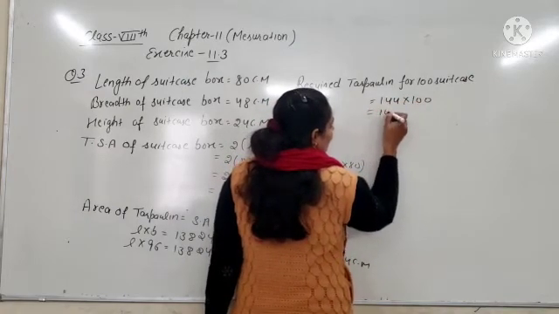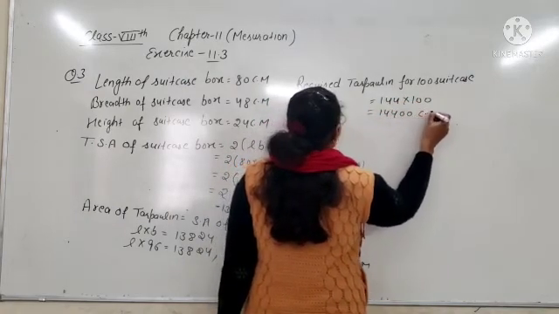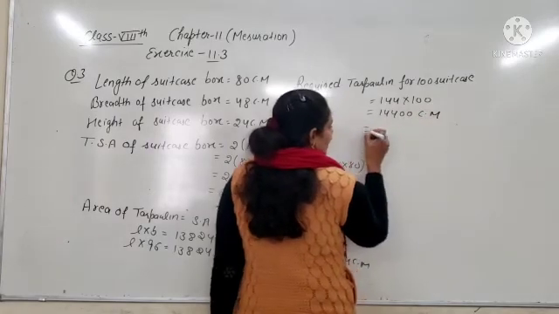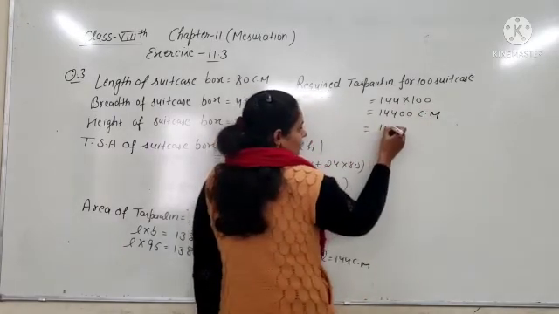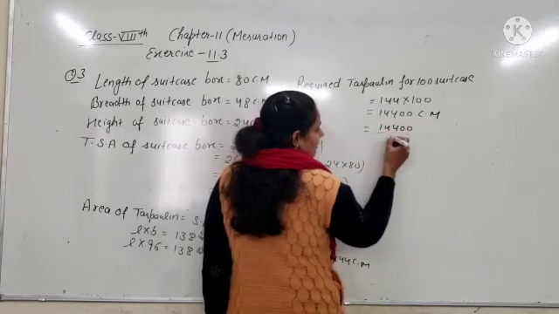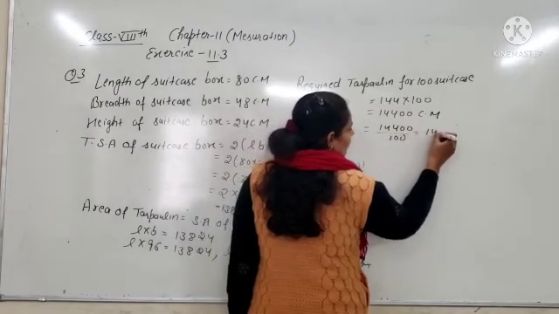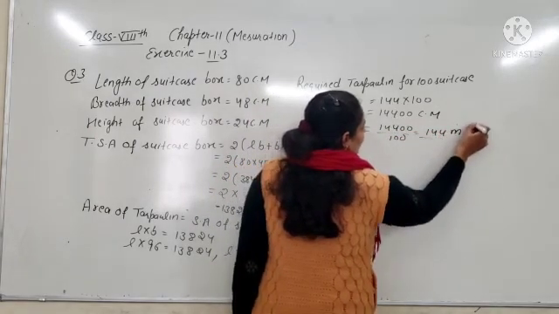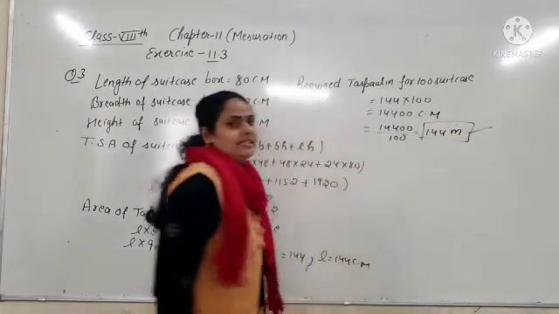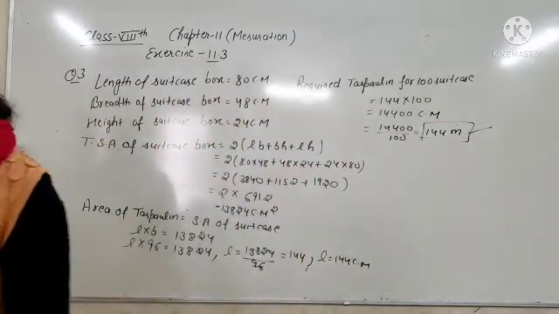So it will be 14400 centimeter. Okay, but you have to find out in meter, so you will divide it by 100. So it will be 144 meter. So how much tarpaulin is required? You can say 144 meter.